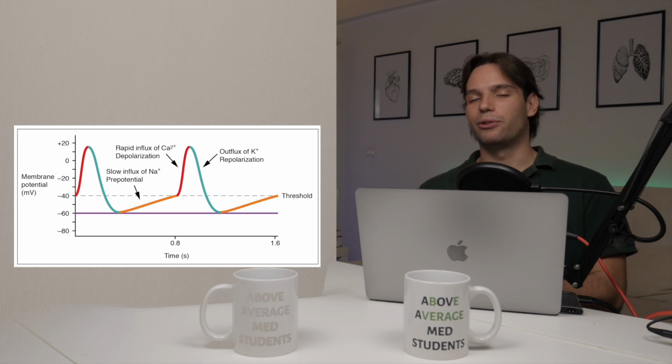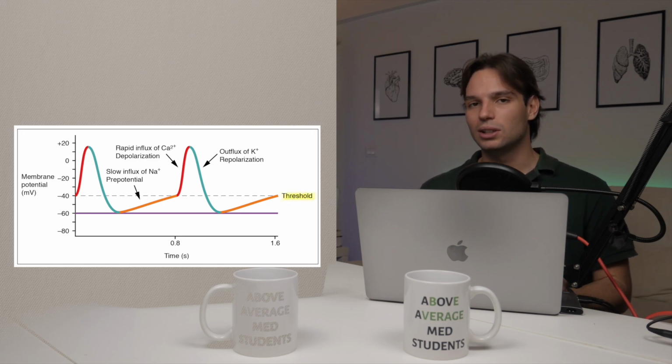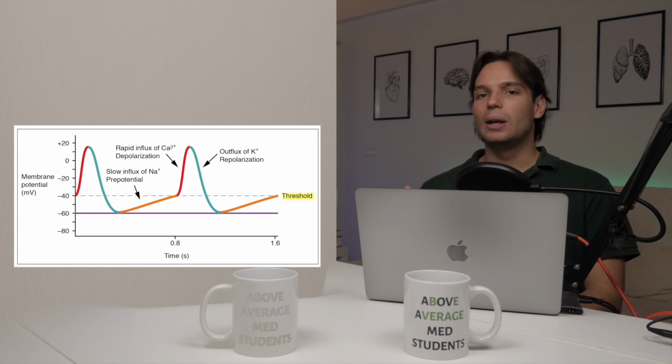So the first step for one of these cells to generate an action potential is to reach threshold, which in this case is set at minus 40 millivolts. Remember, threshold is the voltage that has to be reached by a cell in order for it to generate an action potential.